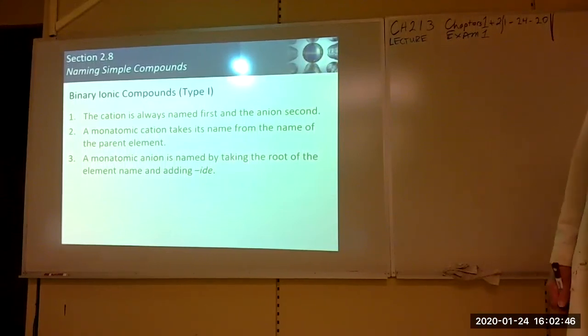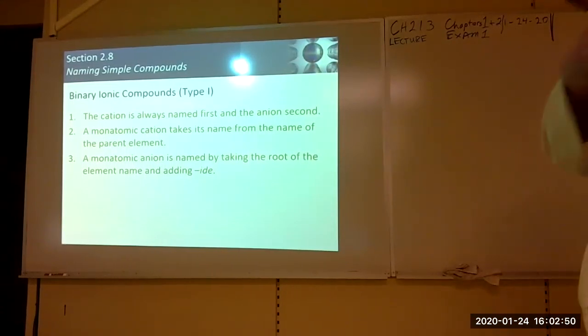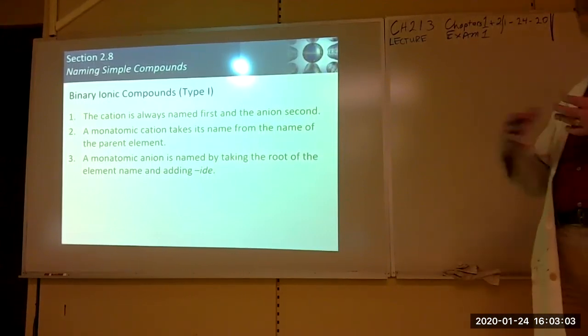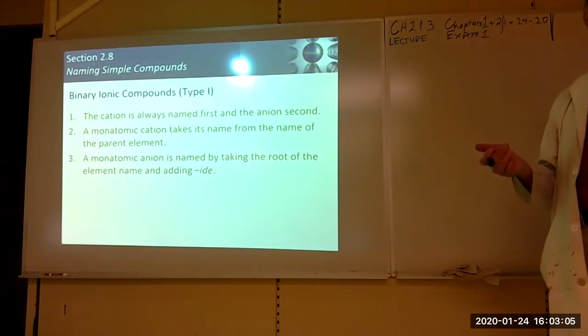Okay? The whole scheme of naming compounds, nomenclature, is to name the compound in an unambiguous way. You don't want ambiguity, because if you do have it, then you could write the compound in 2 or more different ways based on the name.